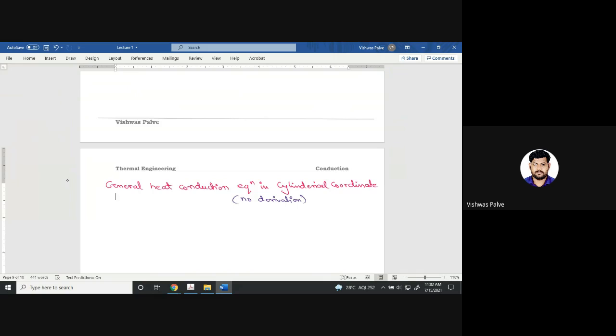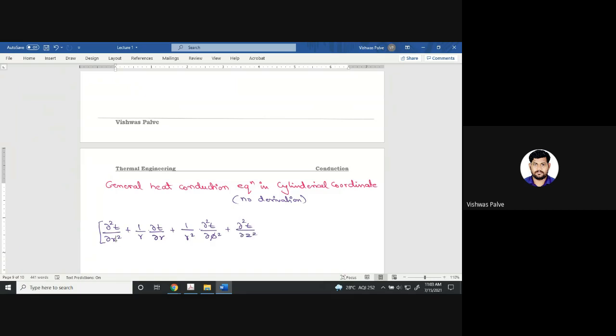So the expression is dou square t by dou x. Here, instead of x, it will have the radius r: plus 1 upon r dou t by dou r, plus 1 upon r square dou square t by dou phi square, plus dou square t by dou z square.